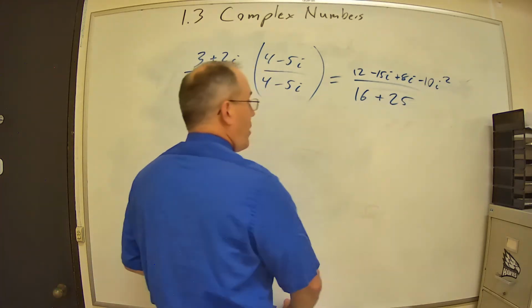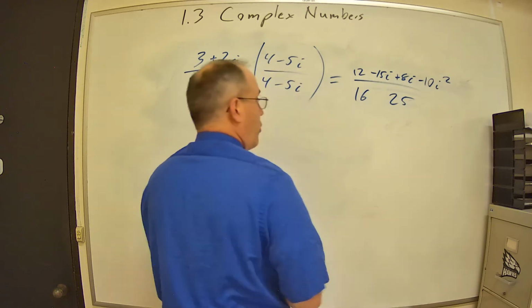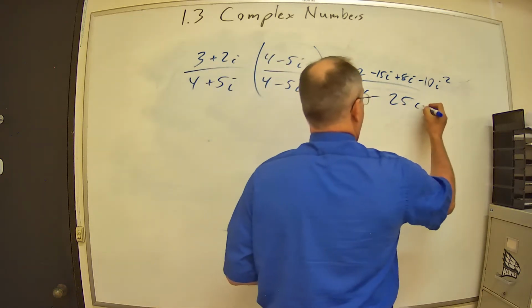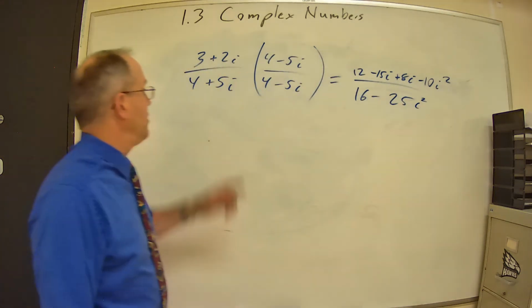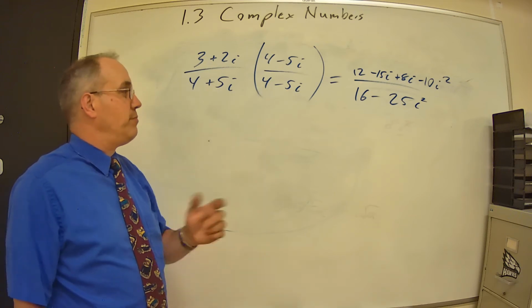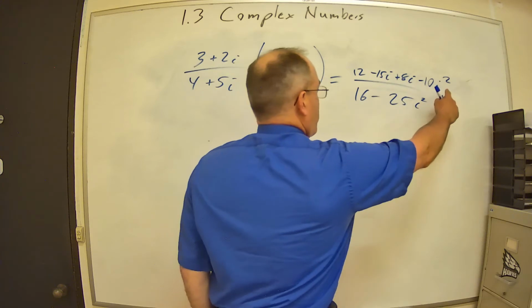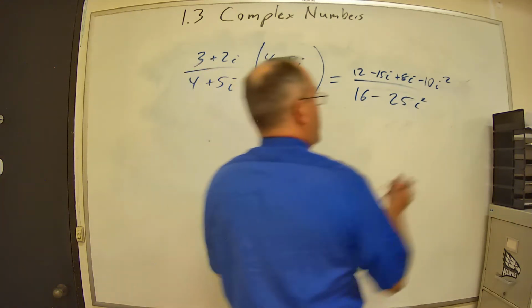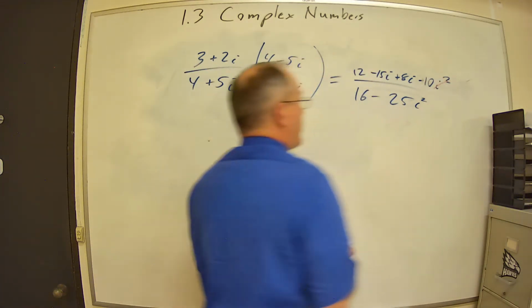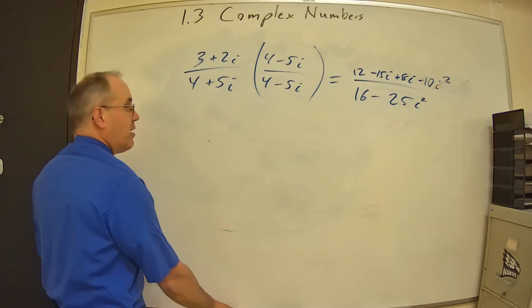If it makes you feel better, I'll do that right now just to show one more time. 16 minus 25i squared, 5i times negative 5i, right? And then remember that i squared turns into negative 1, so giving us the positive there again.